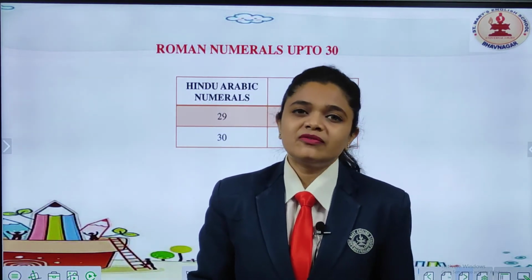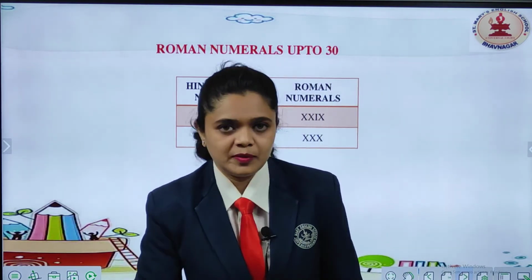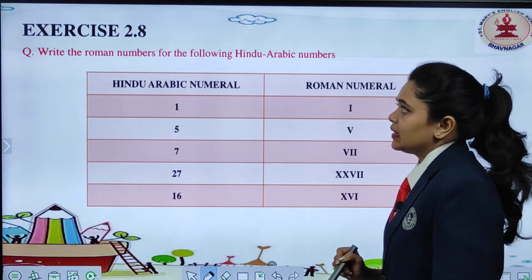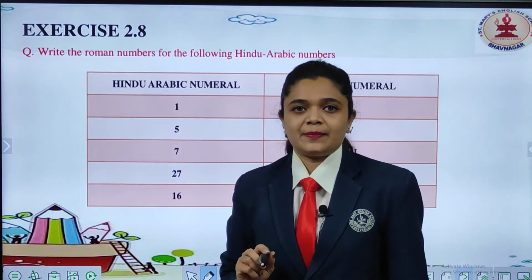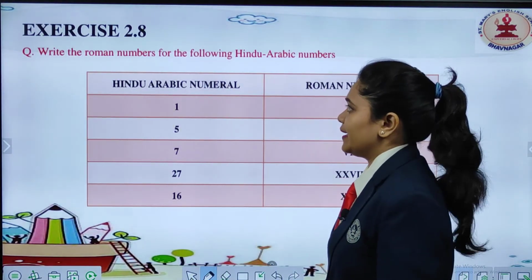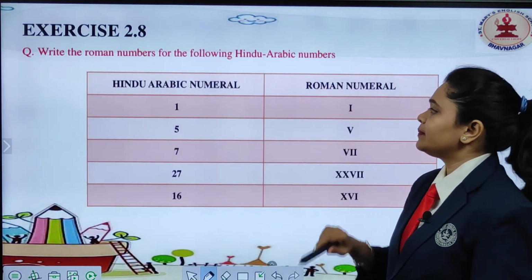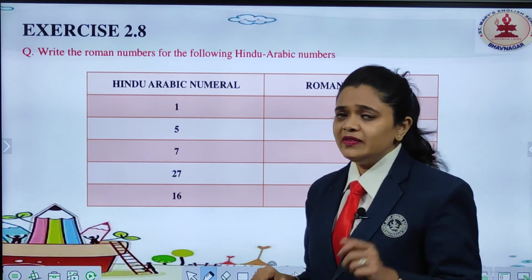Now, let us see what is the first question regarding the Roman numerals. Now, over here, the last exercise of this chapter, exercise 2.8, the first question. Write the Roman numbers for the following Hindu-Arabic numbers. Now, we have learnt.